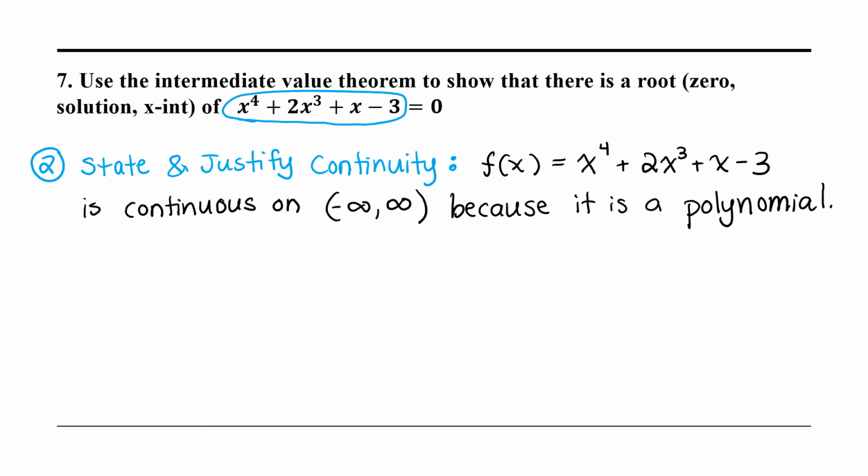So whatever interval a to b we come up with later will be continuous, because that'll just be like a subset of this larger continuous part of our function. And if your function's a polynomial in Calc 1, it suffices to say that it's a polynomial, and that's how we know it's continuous.